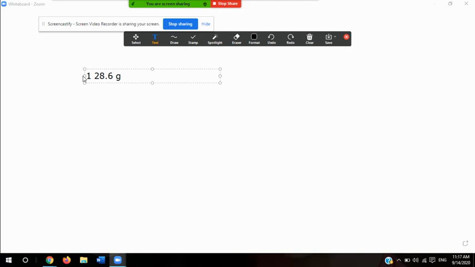Because there are no zeros here, we see that there are 3 significant figures in this one. And I'm just going to go ahead and say sig figs to abbreviate it, but there are 3 significant figures. Sorry about that. 28.6 has 3 significant figures.